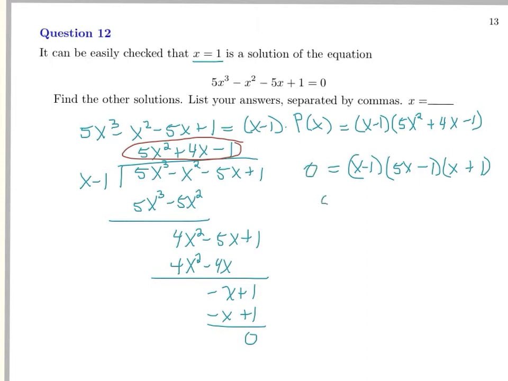So that means either I have x minus 1 equals 0, or 5x minus 1 equals 0, or x plus 1 equals 0. So that means x is 1, or 1/5, or minus 1. And I guess I'm just supposed to list the solutions other than 1, so I'll put 1/5 and minus 1.